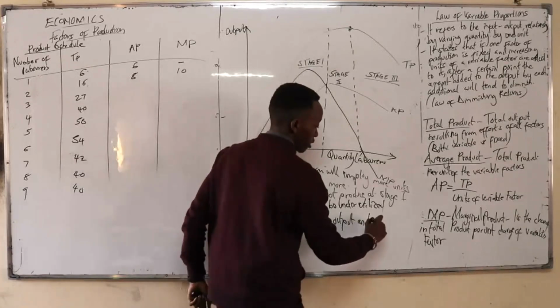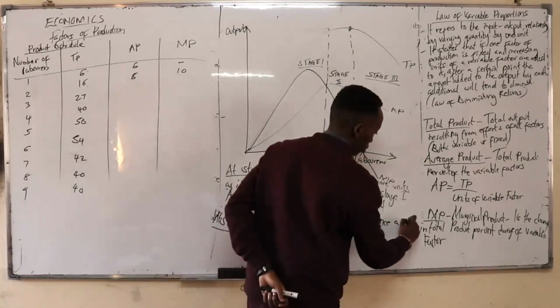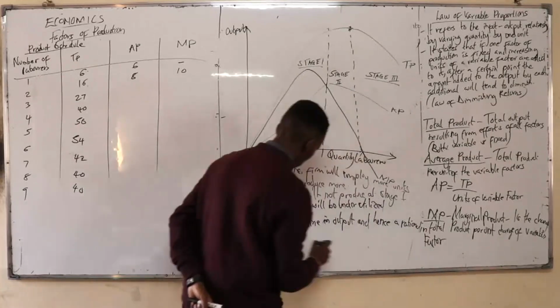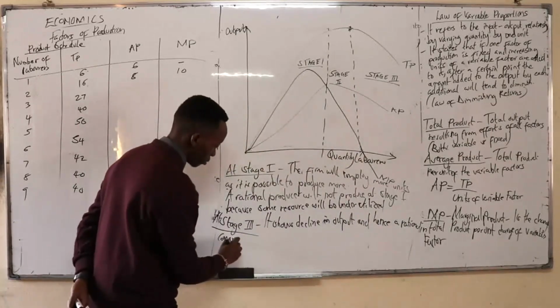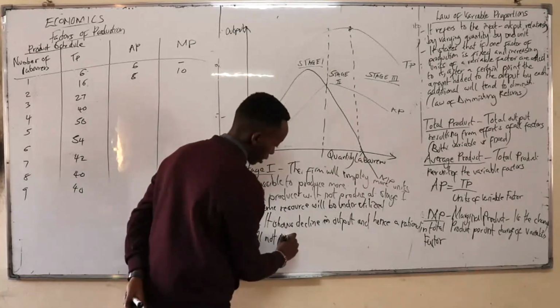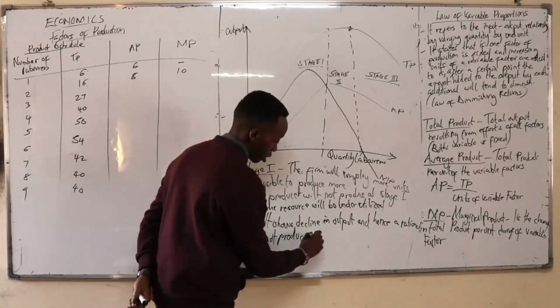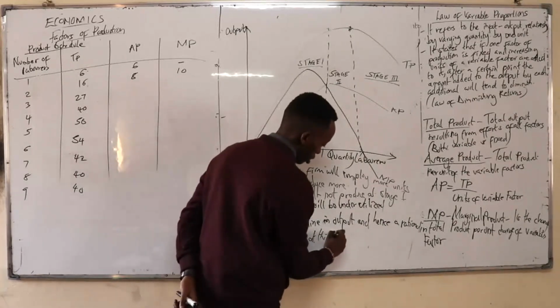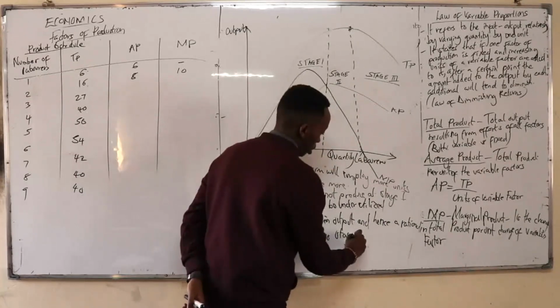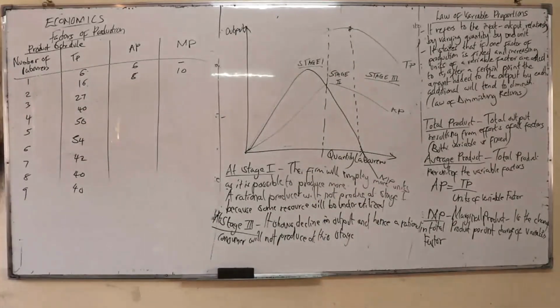Hence, a rational producer will not produce at this stage, because the total product and the average product are decreasing, and the marginal product is negative also.